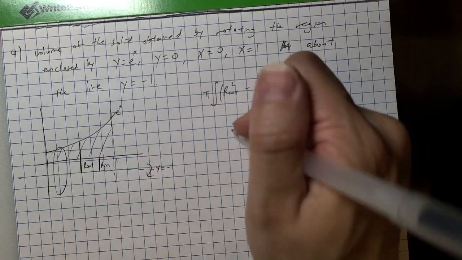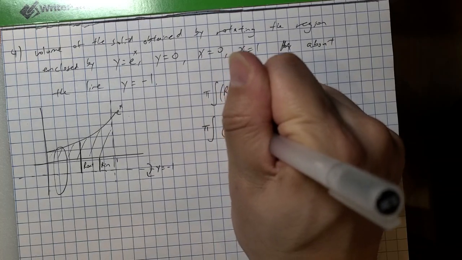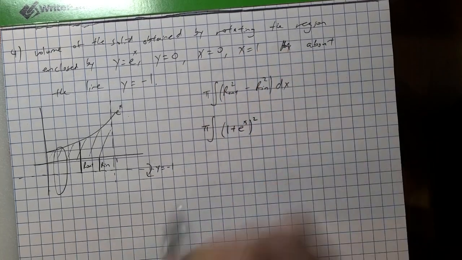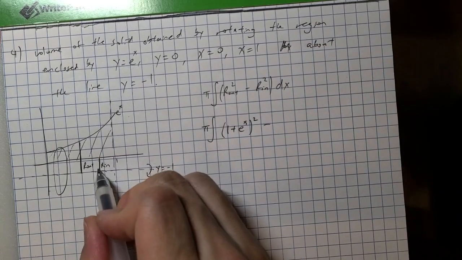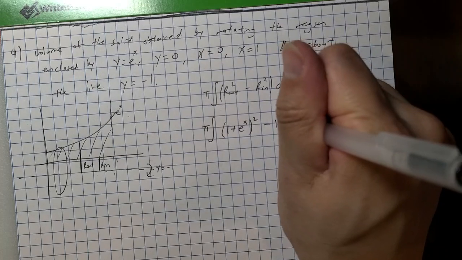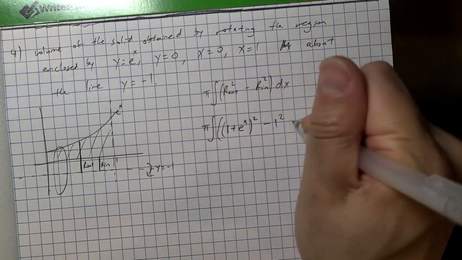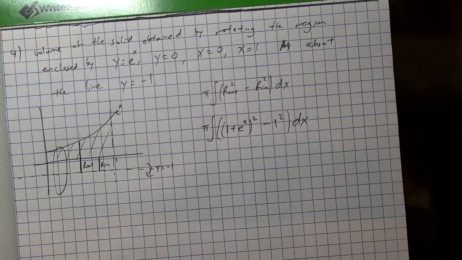So the r out would be 1 plus e to the x, squared. R out squared is that. Minus r in is this length. What's this length? It's just a length of 1.